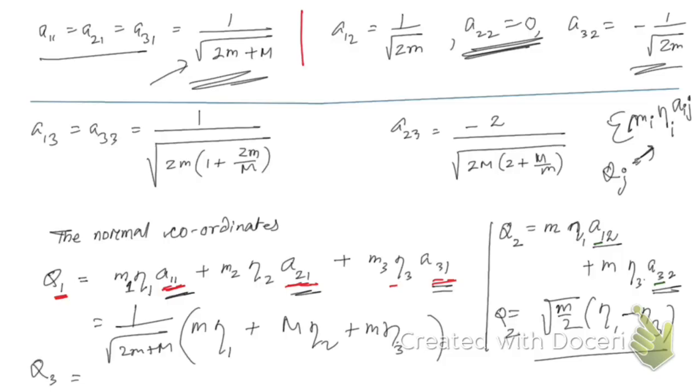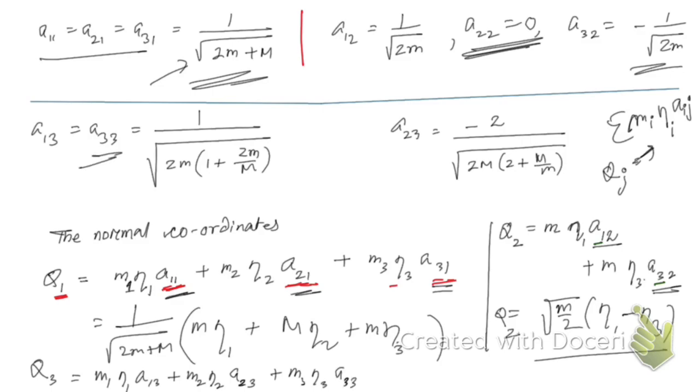If you obtain q3, again we're going to have m1 eta 1 a 1 3, then m2 eta 2 a 2 3, then again m3 eta 3 a 3 3, right?